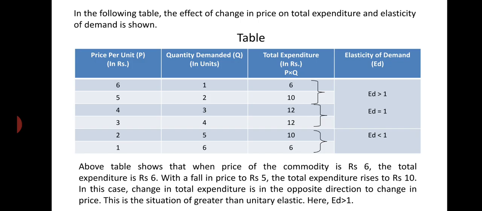You see, when price was 6 rupees, total expenditure was 6 rupees. When price falls to 5 rupees per unit, total expenditure increases to 10 rupees. Here, with a fall in price from 6 to 5 rupees, total expenditure increases from rupees 6 to rupees 10.